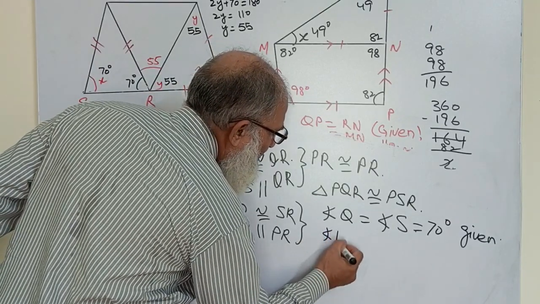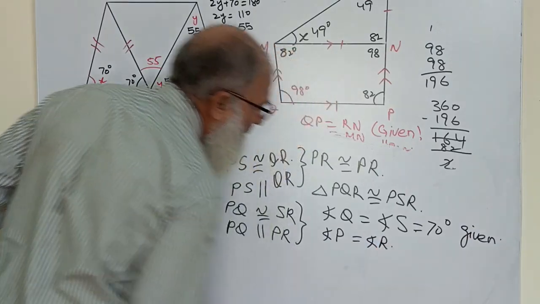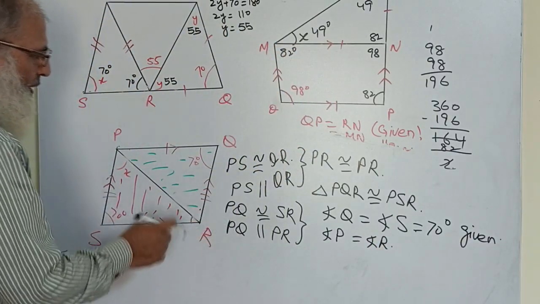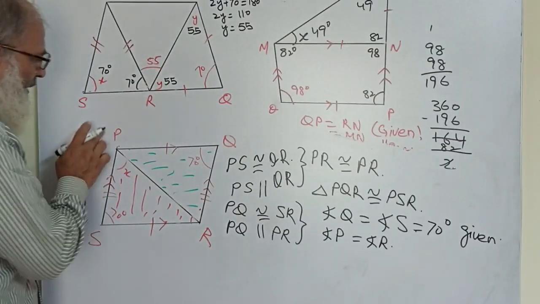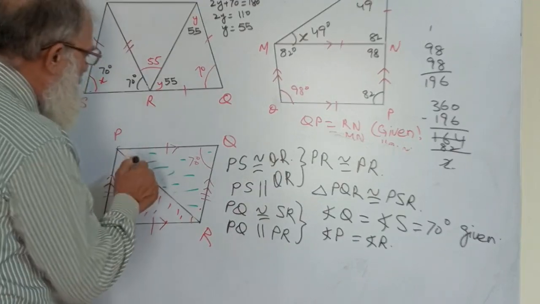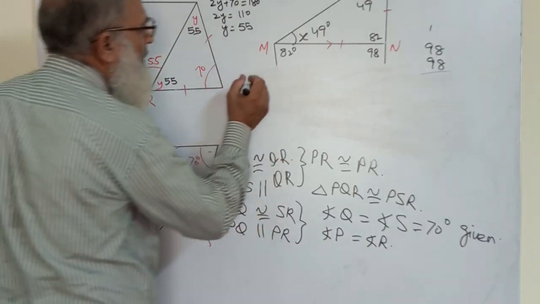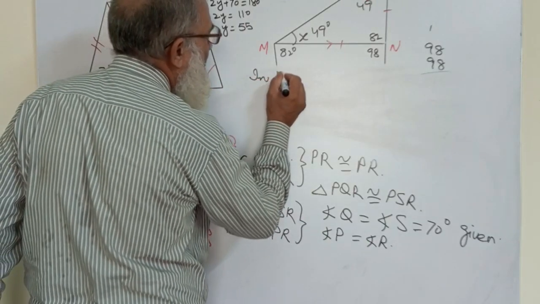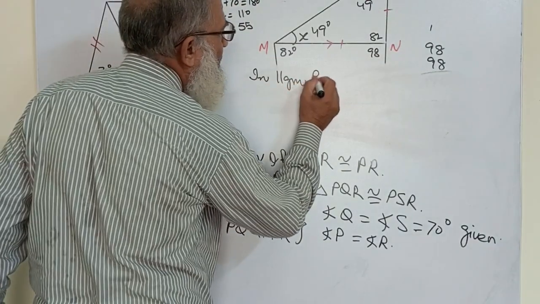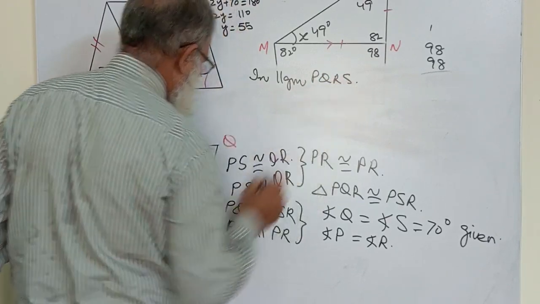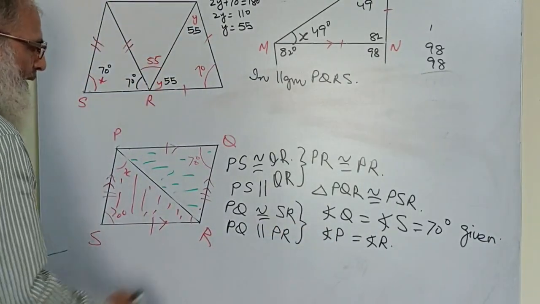Angle P is equal to angle R according to the proof. So after proving all this, now we write that in parallelogram PQRS, angle P is equal to angle R.